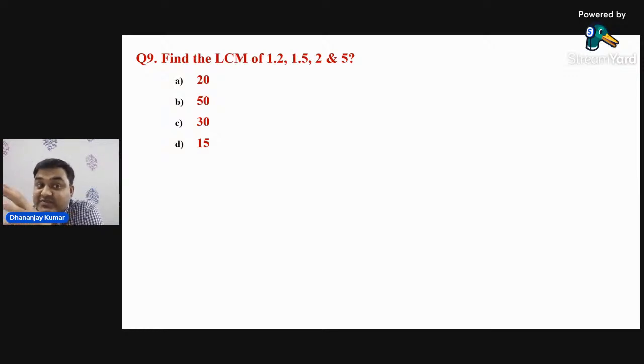These are the questions which were asked in examinations like TCS, Infosys, banks, and all those, and it will take hardly any time to give the answer. Try finding the answer of this. I'll tell you how to find the LCM of the numbers 1.2, 1.5, 2, and 5.